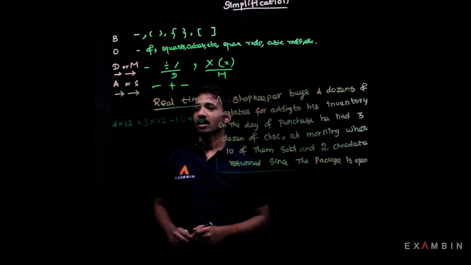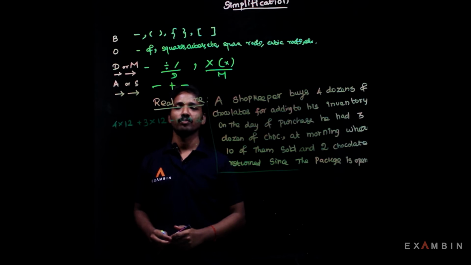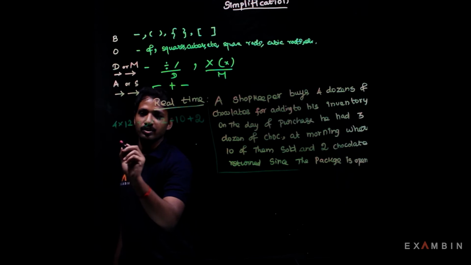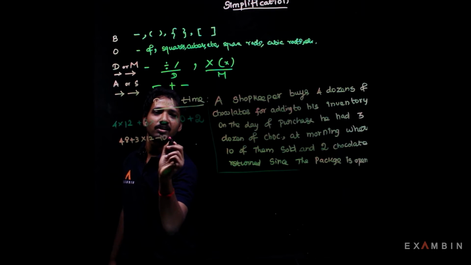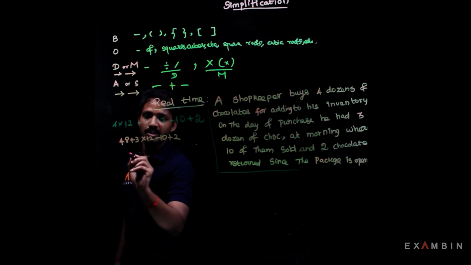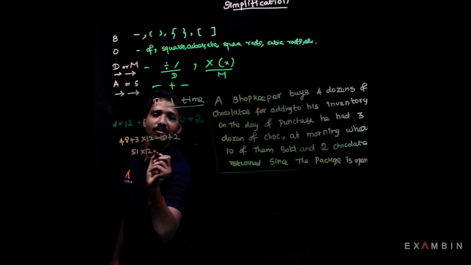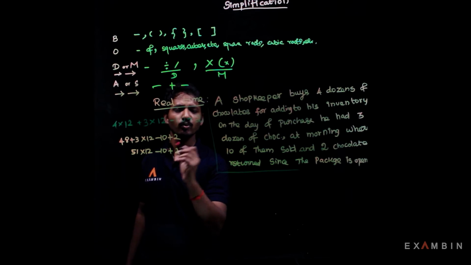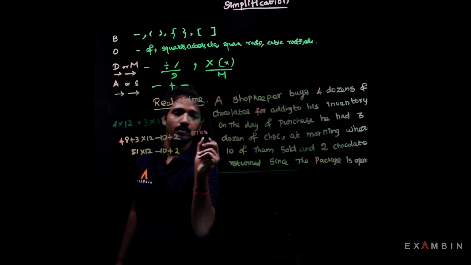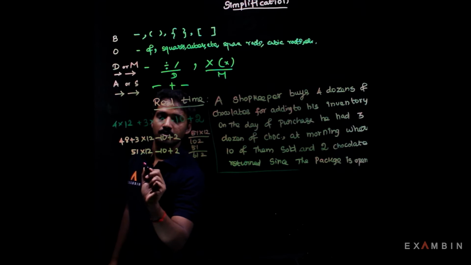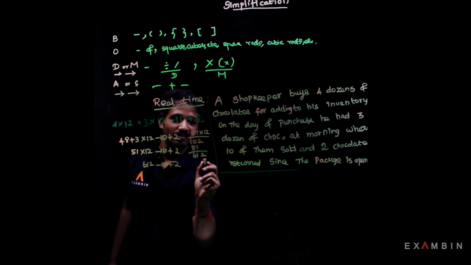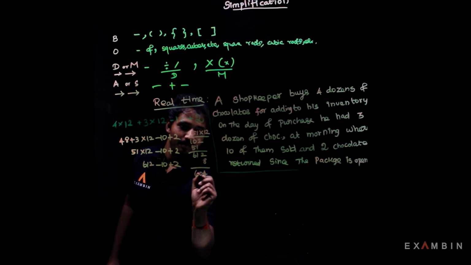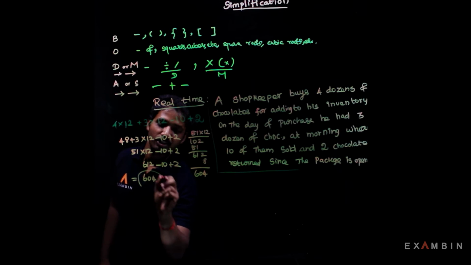Now if we solve this without considering any BODMAS rule, first 4 into 12, 48, 48 plus 3 into 12 minus 10 plus 2, 48 plus 3, 51 into 12 minus 10 plus 2, 51 into 12, 612 minus 10 plus 2, 612 minus 8, so the answer is coming 604.